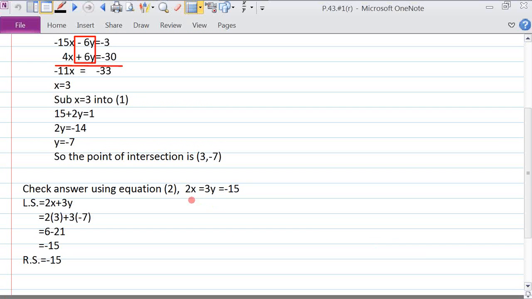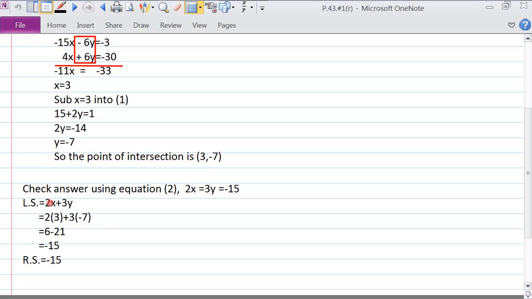Now I check the answer using equation 2, which says that 2x, and there's a mistake here, so this should be 2x plus 3y equals -15. I've corrected it right over here. And so what I'm going to do is substitute the x equal 3 and the y equals -7 into this equation.